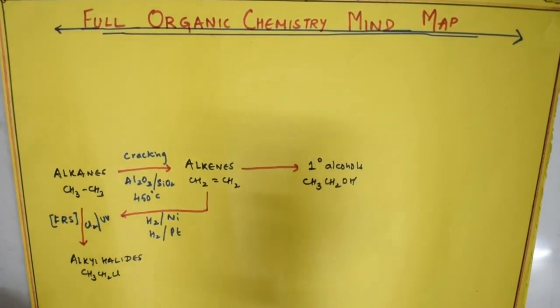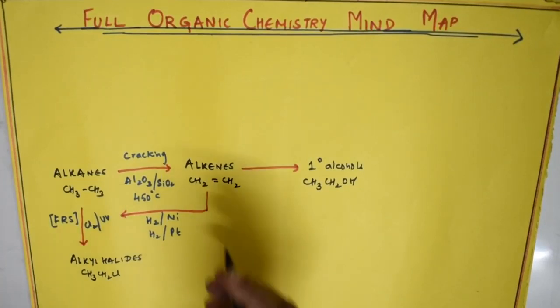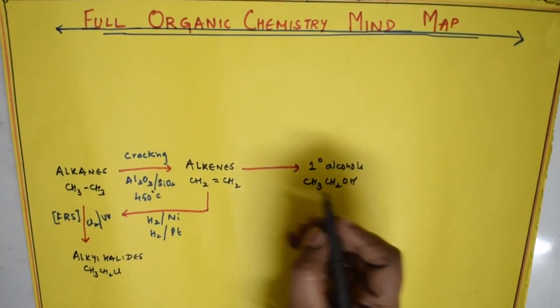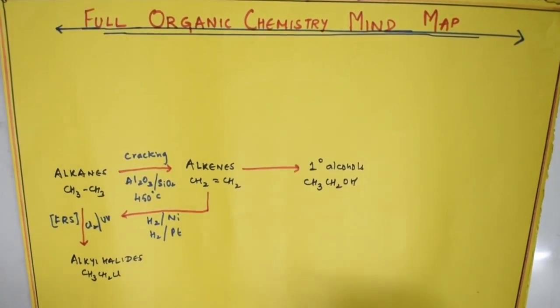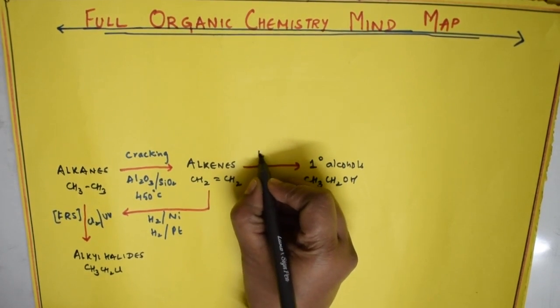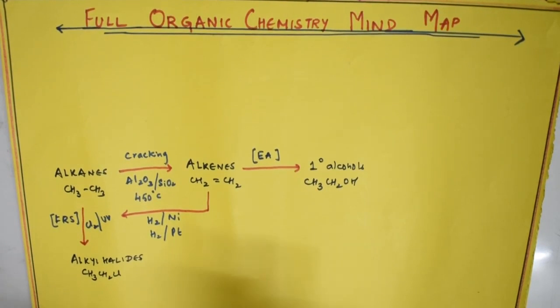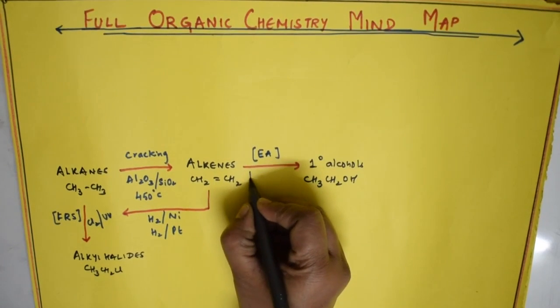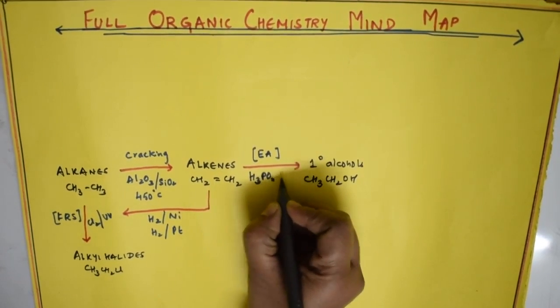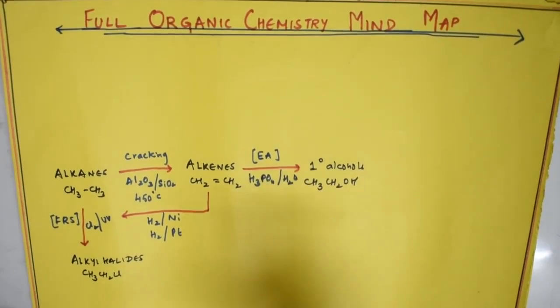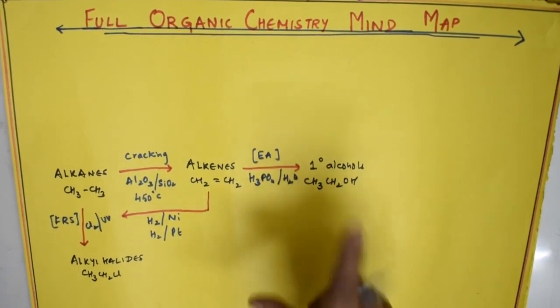I can get primary alcohols from alkenes by a process called hydration, using electrophilic addition. EA stands for electrophilic addition. I'm going to use phosphoric acid and hydrolyze it with H2O. Then the double bond breaks and it forms primary alcohol.